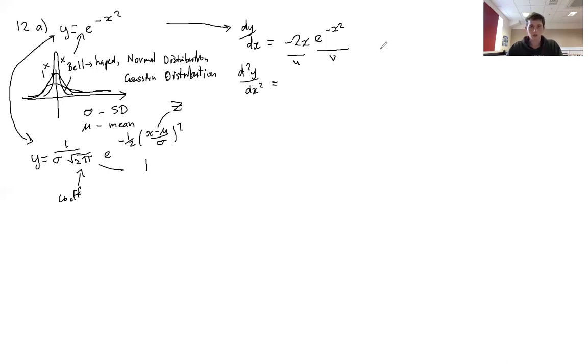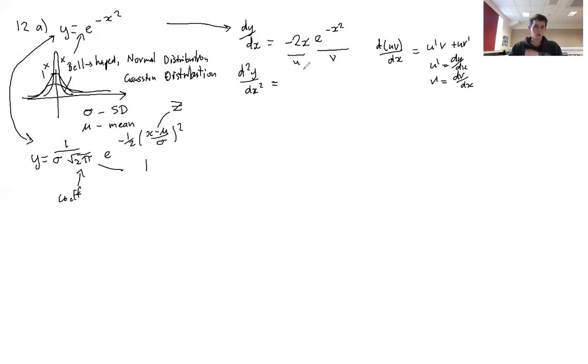So the product rule is d(uv) by dx is going to be u dash v plus u v dash, where u dash is just du by dx, and the same for v dash, that's just dv by dx.